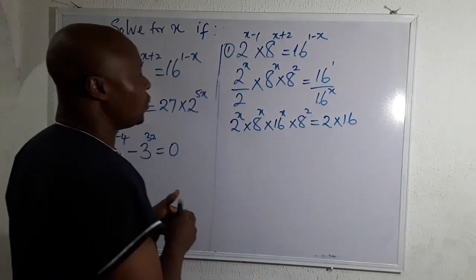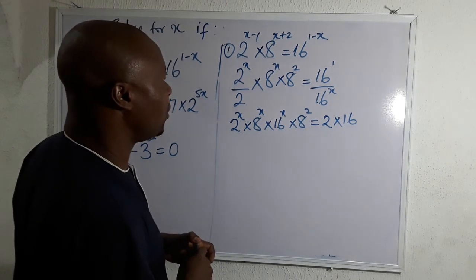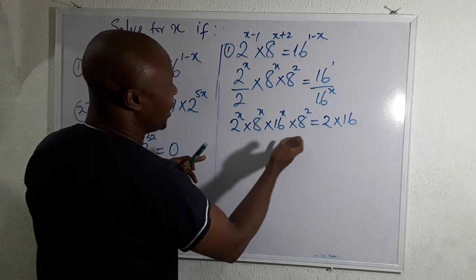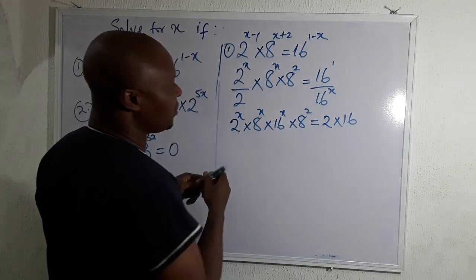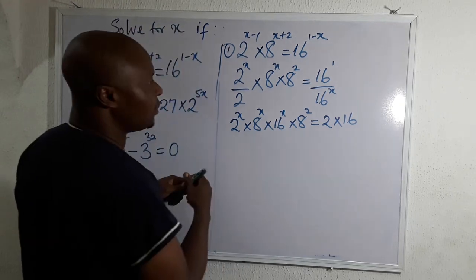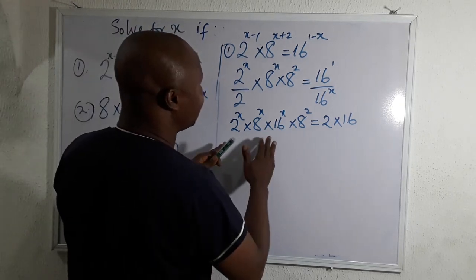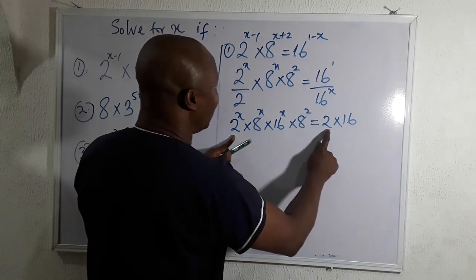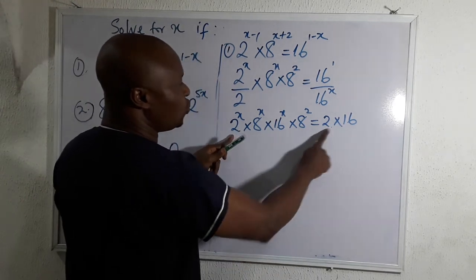So what we can do right away is to see what we can divide through it, or we can decide to express all of this to the lowest base of 2.